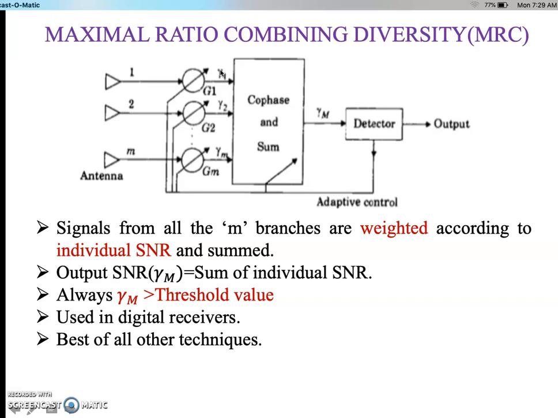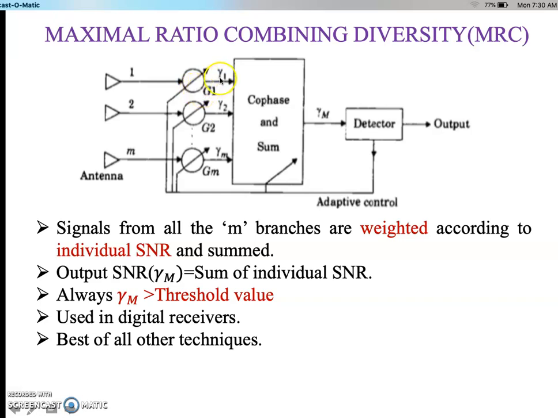So let's see what happens here. Here we have a feedback-like structure called adaptive control. With the help of this feedback, we can weight the signals of each branch. How? For example, consider the signal to noise ratio of the first branch is very low.